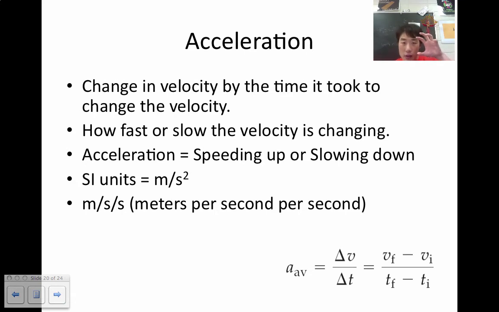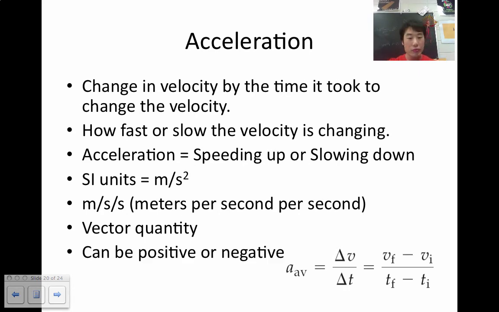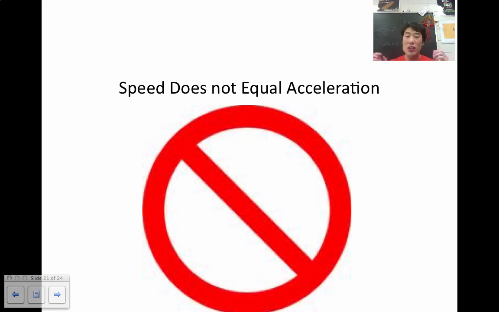So it's velocity over time, a ratio of velocity over a certain period of time, which is how much that velocity is changing. Just like velocity, acceleration is a vector quantity, meaning direction matters. Pluses and minuses will affect your answer. Speed or velocity does not equal acceleration. Acceleration is the change in speed or velocity.